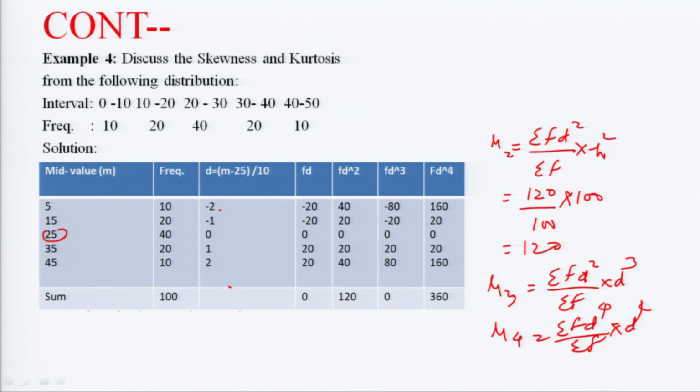It is the shortcut method for finding mu 1, mu 2 and mu 4. For bigger data we reduce the data into lesser quantity.